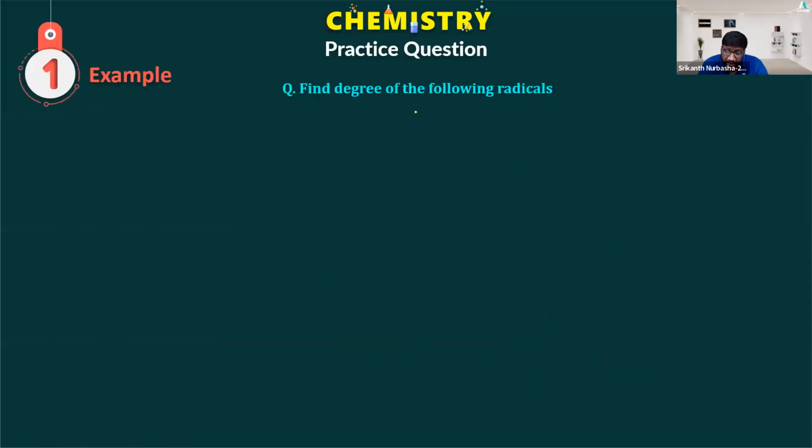So do this example. Find the degree of the following radicals. CH3, CH2, CH2.